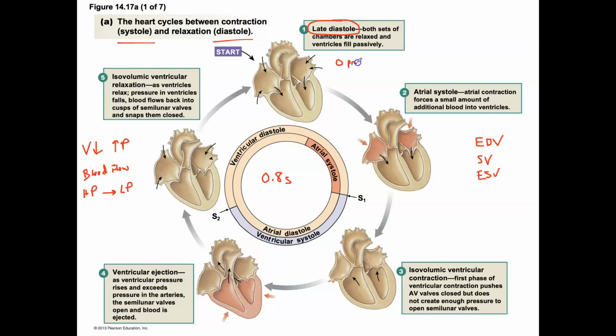Now, it's not exactly zero pressure, but we're going to make an assumption here that when the heart is at rest, the pressure is essentially zero. And if the pressure is essentially zero, then blood can return to the heart. So in the diagram, we're looking at the superior vena cava and blood flowing through there.